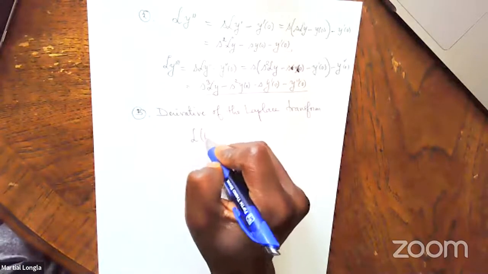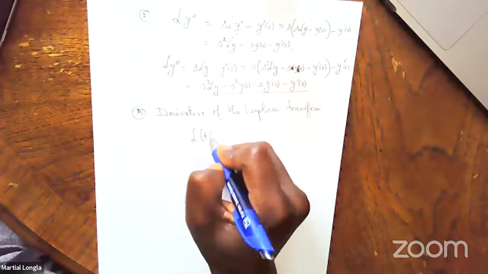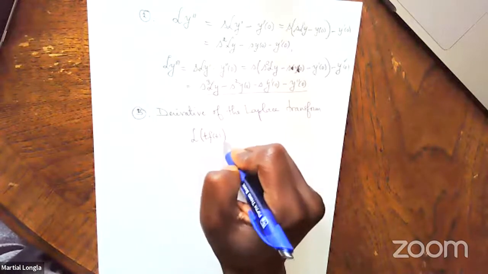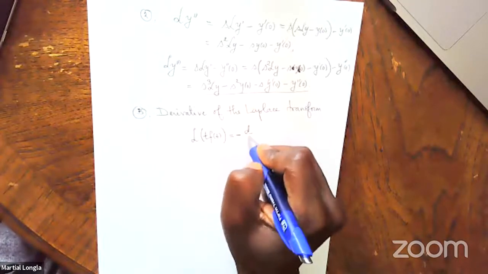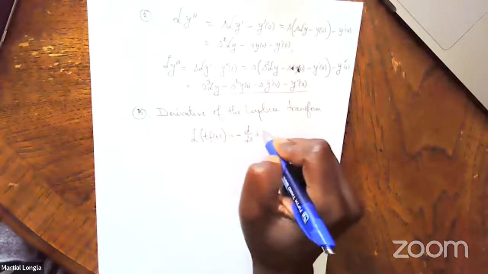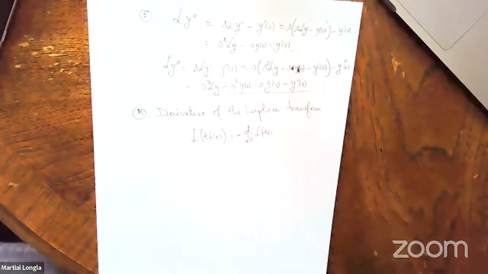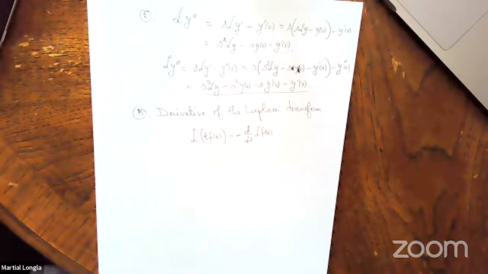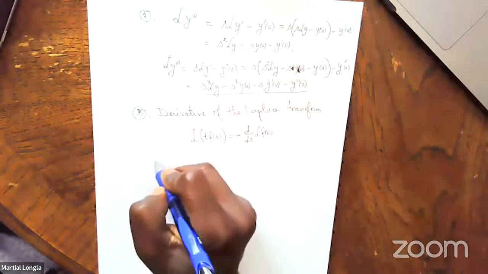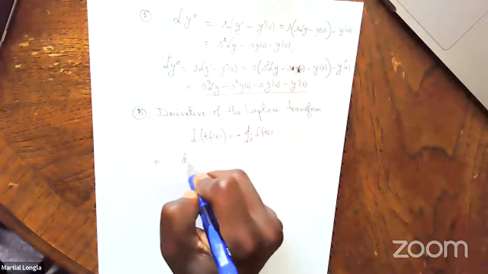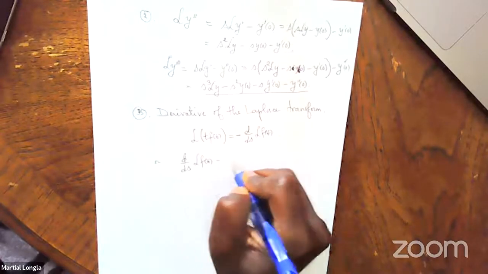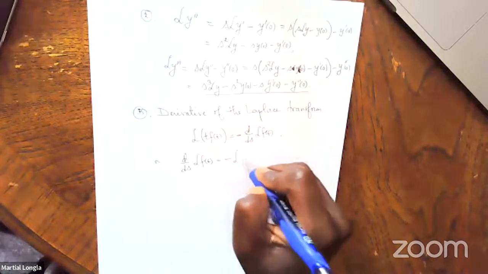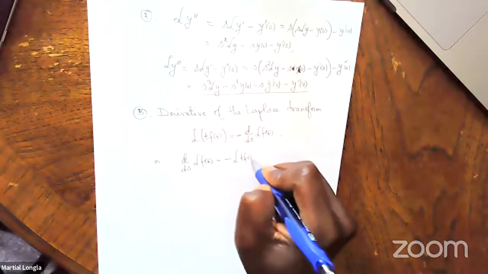The Laplace transform of t f of t is equal to negative derivative with respect to s of the Laplace transform of f of t. Or, derivative with respect to s of the Laplace transform of f of t equals negative Laplace transform of t f of t.